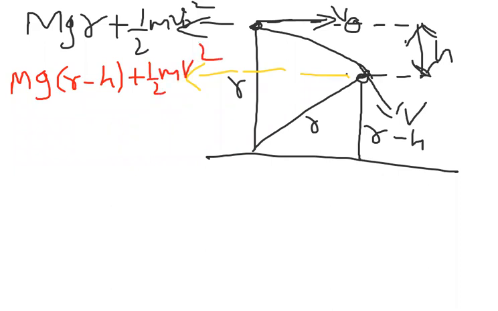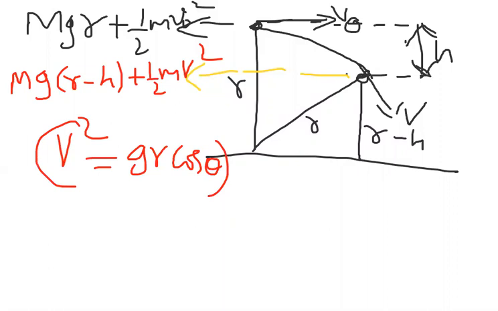So now we can say that the law of conservation of energy says that total energy at any point remains the same. So here we can also write v square as, what is v square? V square we can also write as gr cos theta. We also wrote v square is equal to gr cos theta in the previous expression.